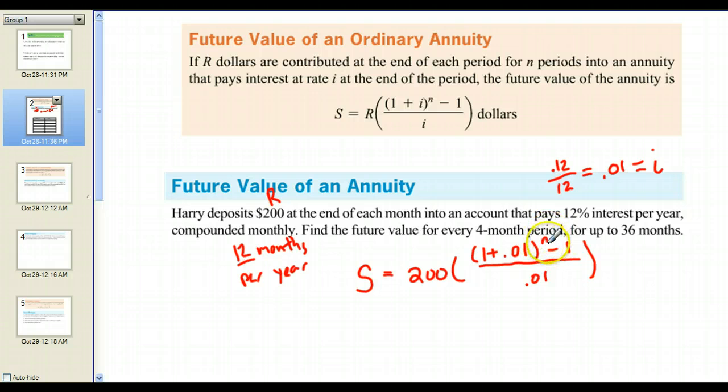And n is however many periods go by. So how many months pass, basically.